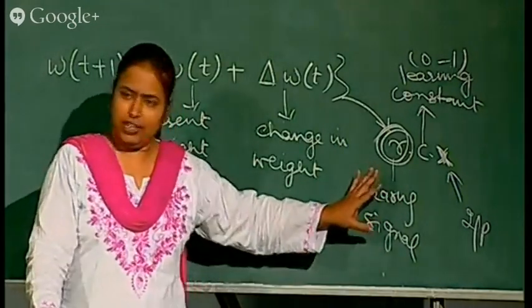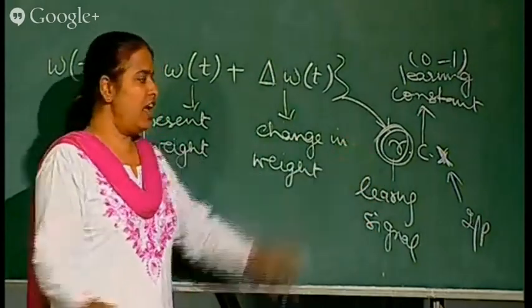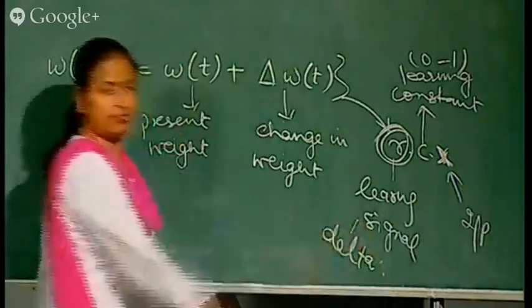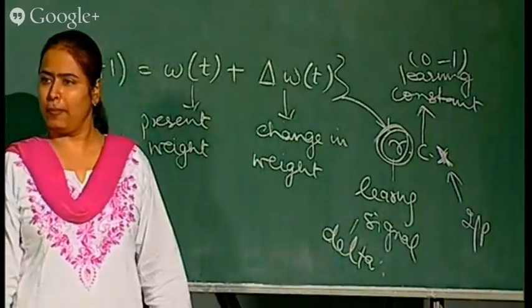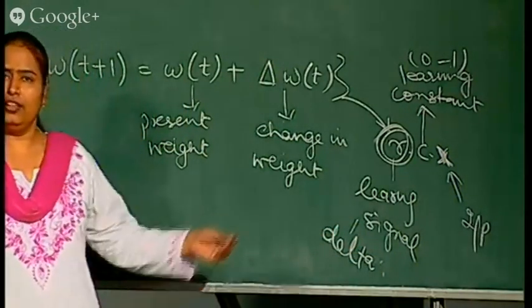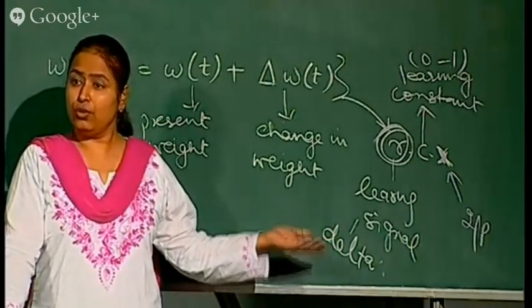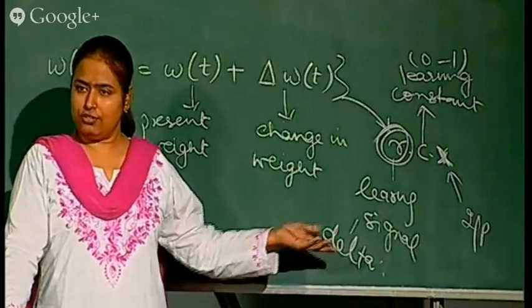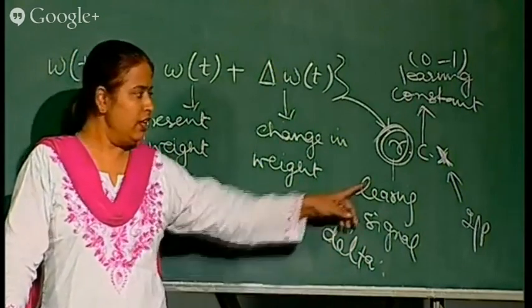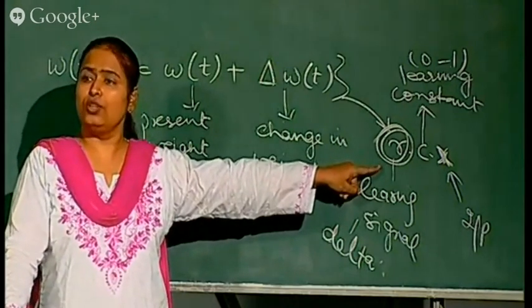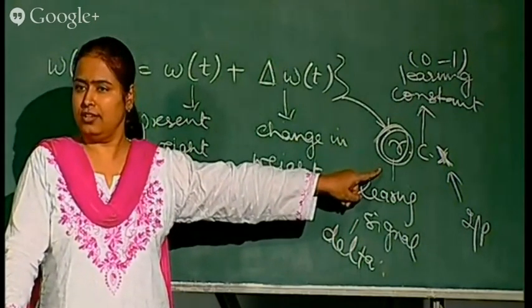In case of the delta learning rule, this r is called delta. There are many other learning rules: Hebbian, Sakoon, correlation, winner-takes-all. The change is only in the r signal.